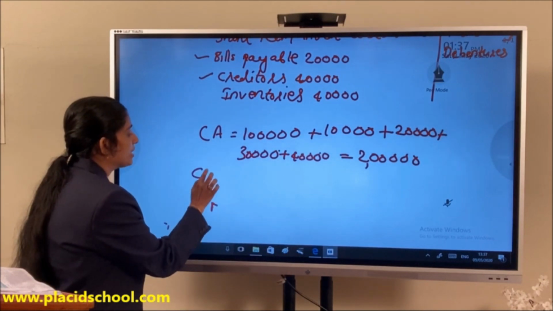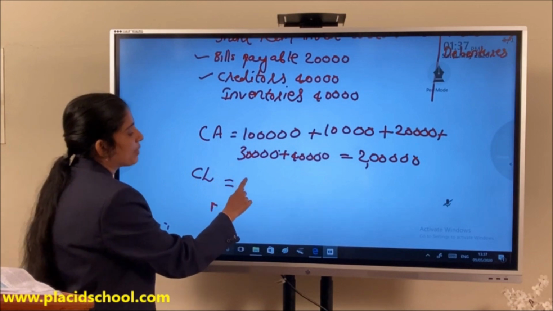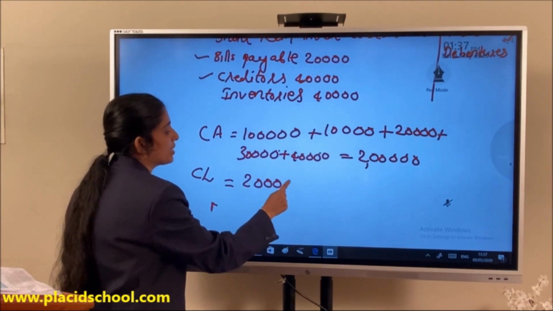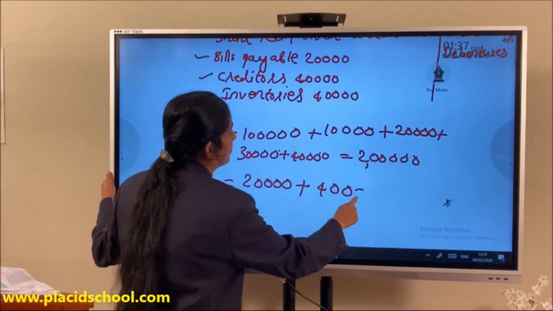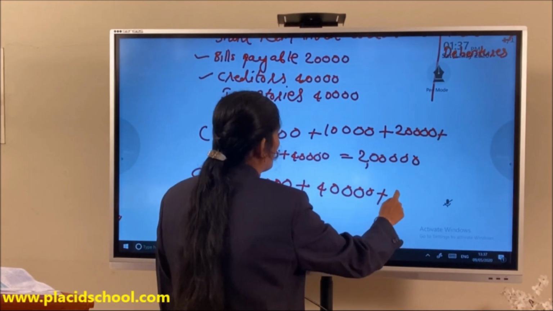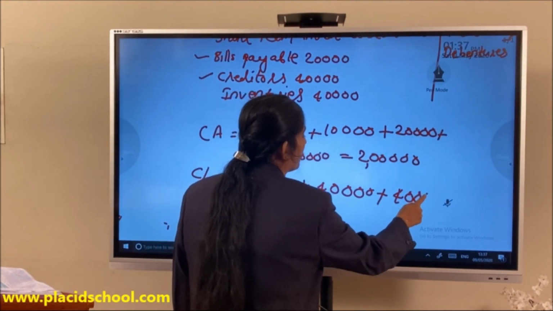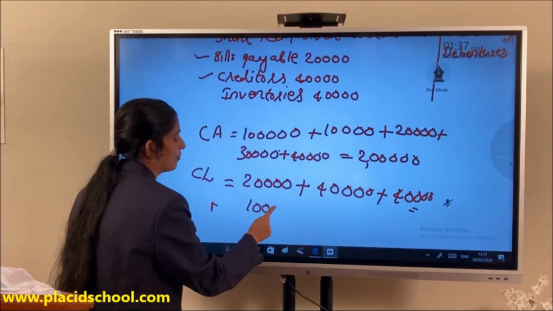Then calculate current liabilities. Bills payable 20,000 plus creditors 40,000 plus expenses payable 40,000. Total is 1 lakh rupees.